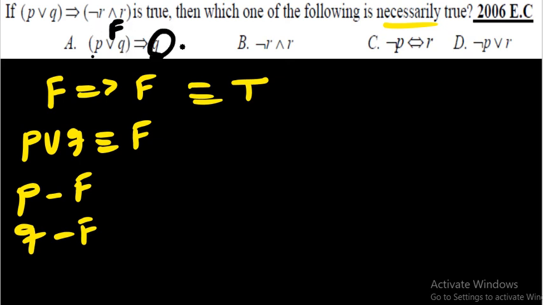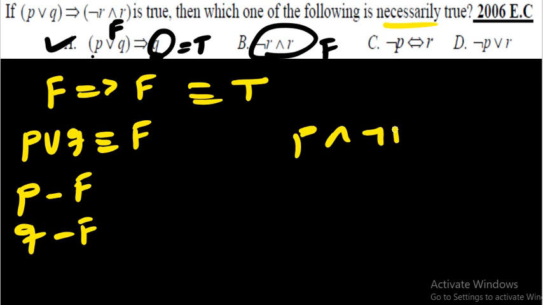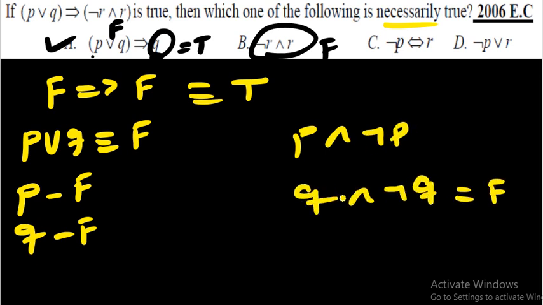False implies whatever will give us true. This is necessarily true. But B is false, obviously, because negation R and R is false already. We said it from the beginning. For any two propositions, P and negation P, or Q and negation Q, it is always false. The reason, either of the two will be false. One false is enough to be false in case of conjunction.